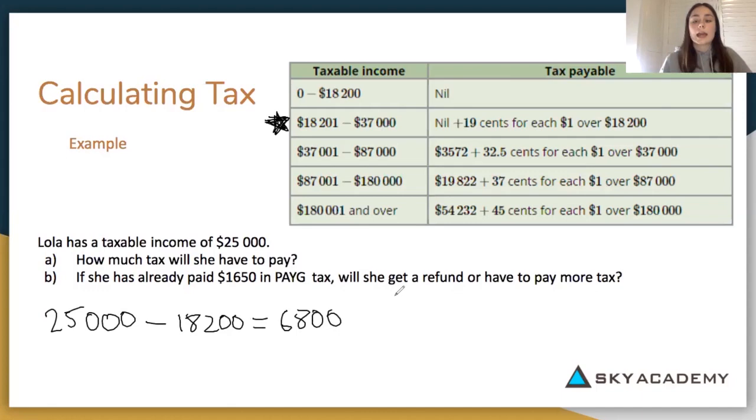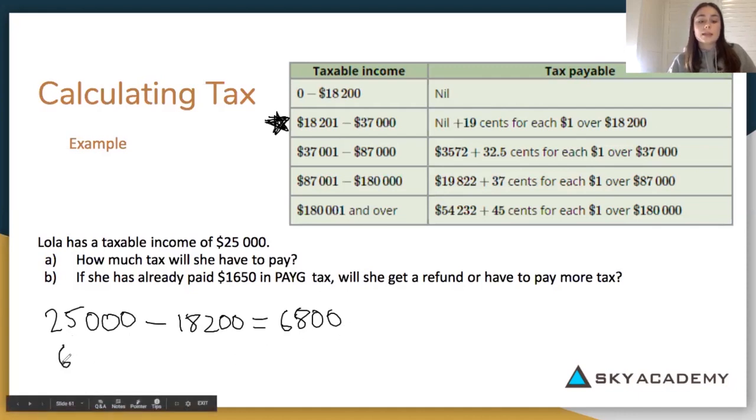So she has to pay 19 cents for every dollar over 18,200. We have $6,800 over 18,200, so she has to pay that times 19 cents, times 0.19.